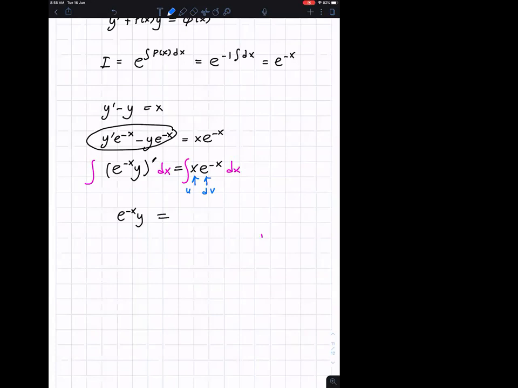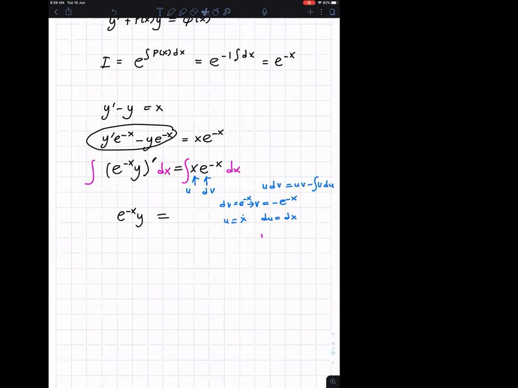Okay. The formula is integral of u dv equals uv minus integral of v du. Your v is minus e to the minus x, because dv is e to the minus x, so we integrate that. u is equal to x, therefore du is dx.